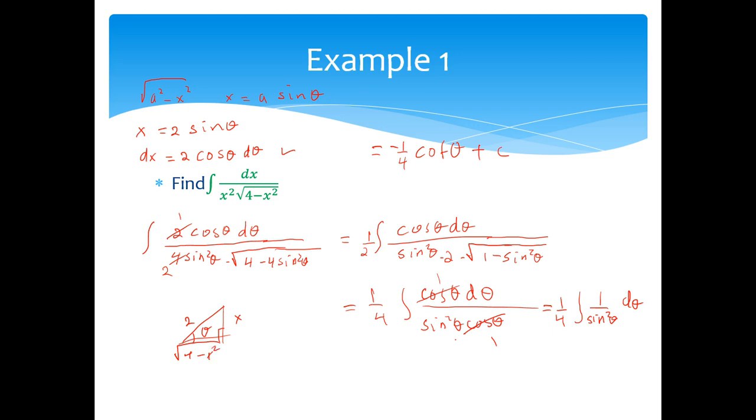So the cotangent is the radical of 4 minus x squared divided by x, plus c, and that should be the final answer.